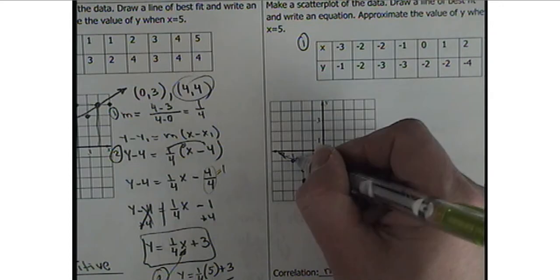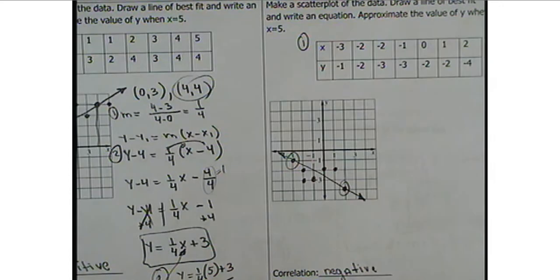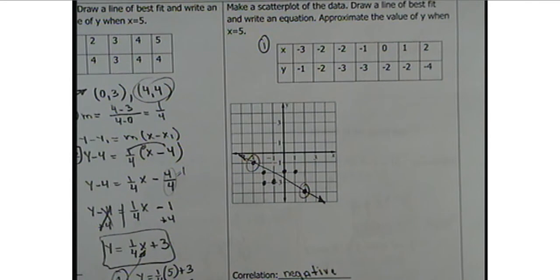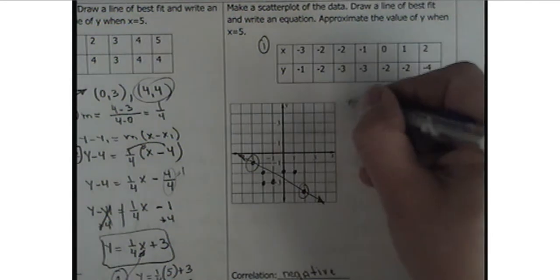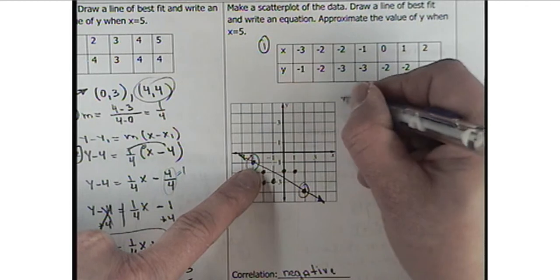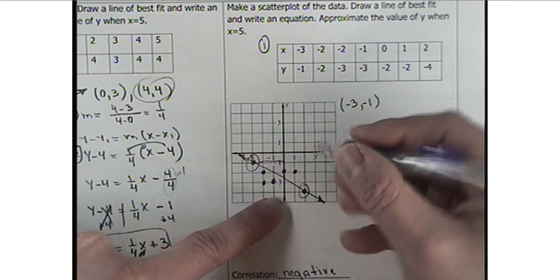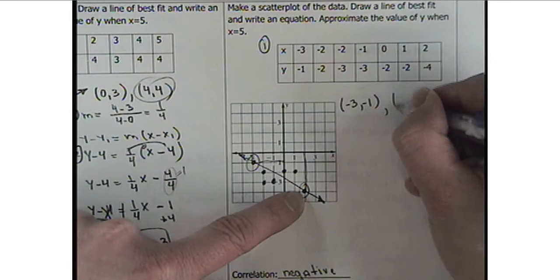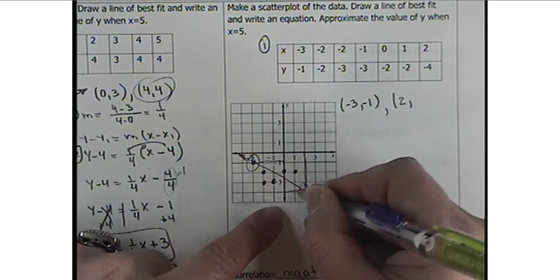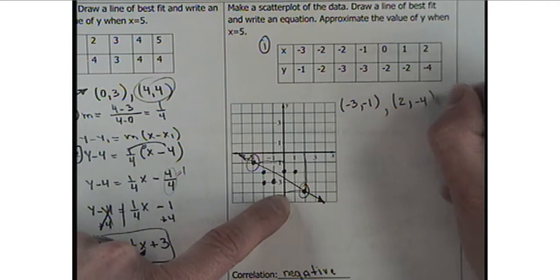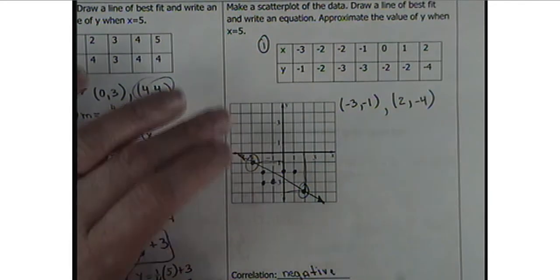And these will be my picking points of the best fit line. So I'm going to write the coordinates of the first one, which is -3 for x and -1 for y. And this point has x is 2 and y is -4. So we have written down the coordinates.